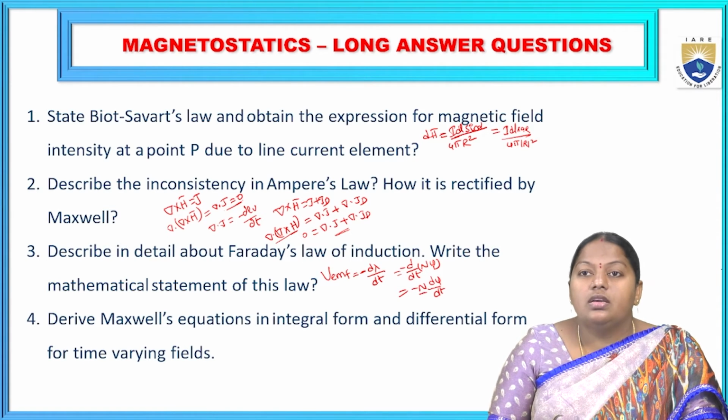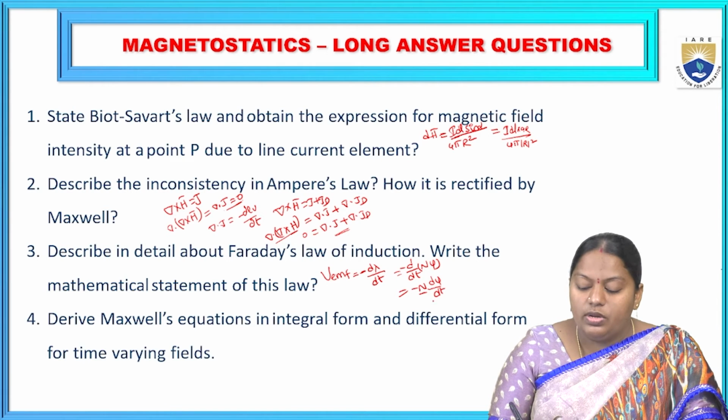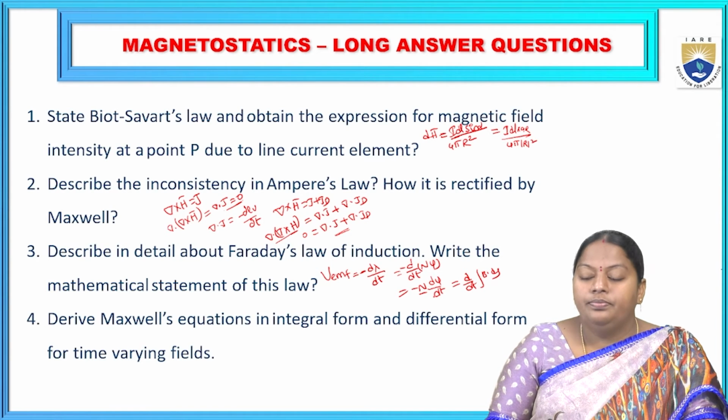For a single turn, if you consider N equal to 1, then VEMF is equal to minus d by dt integral B dot dS.